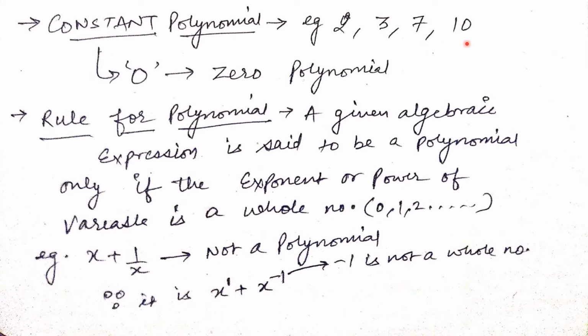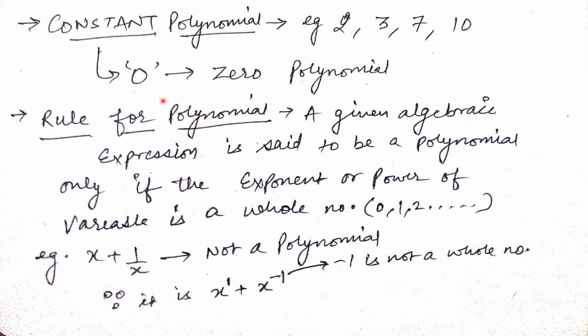They are also polynomials, but they are constant polynomials. In such a case, if you take 0, you can say 0 is also a constant. Yes, it is a constant, but a special name is given to it, and that special name is zero polynomial. So we call all the constants constant polynomials, and we call 0 the zero polynomial.